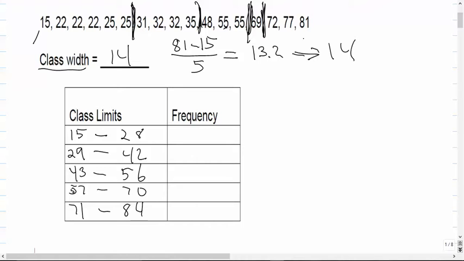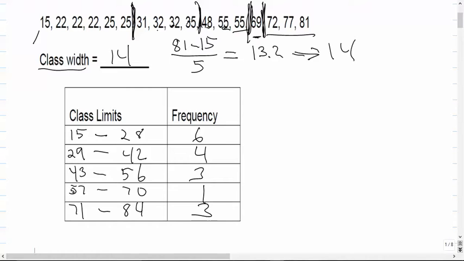So the first class is going to have 1, 2, 3, 4, 5, 6 data values. The second one, 1, 2, 3, 4 data values. The third class, 1, 2, 3. The next one, 1. And the final one, 3. And so there's my frequency distribution.